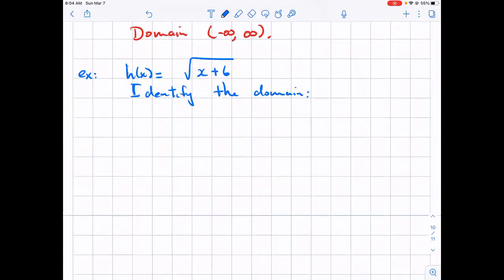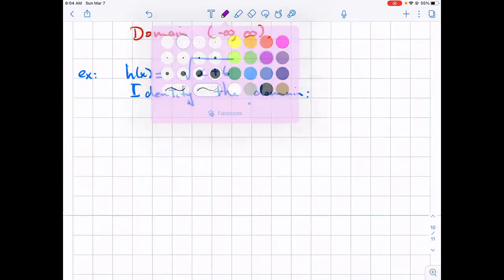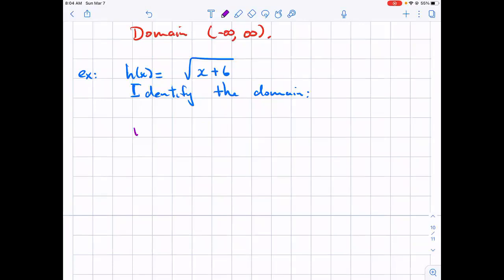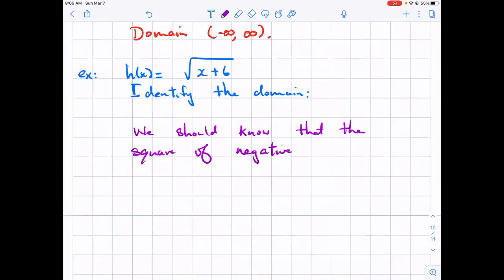Here, we should know the square root of negative numbers is not real.